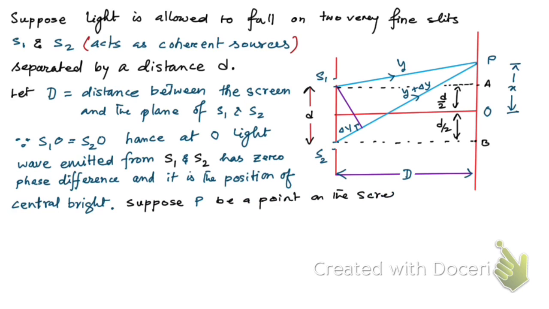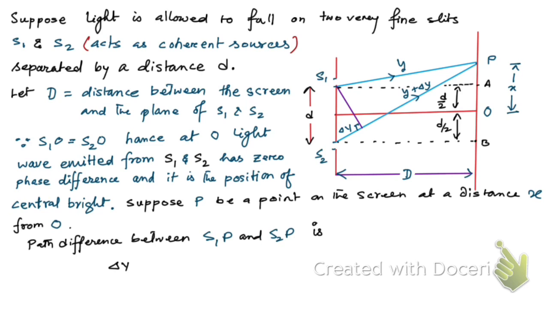So P is the point on the screen at the distance x from O, and the path difference will be as this. That's all I have written, what I have explained till now.